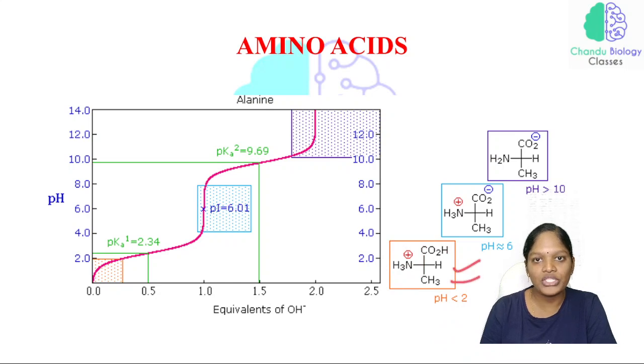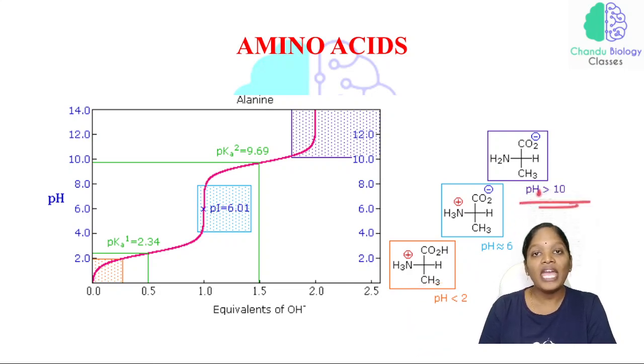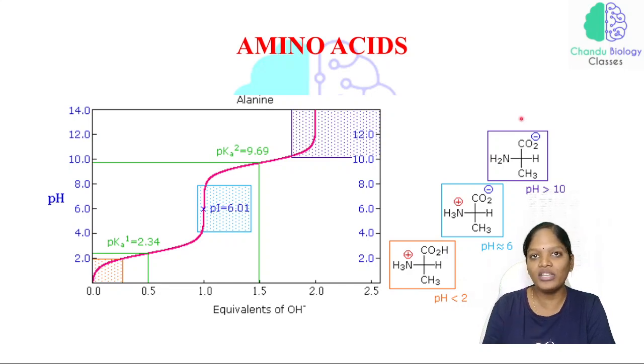This process is called protonation. Just look at this pH. At this pH, which is greater than 10, they are donating a hydrogen but not accepting any hydrogen. As they have a negative charge, this process is called deprotonation.